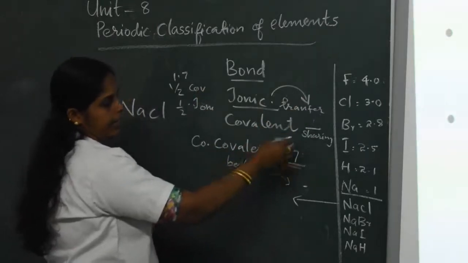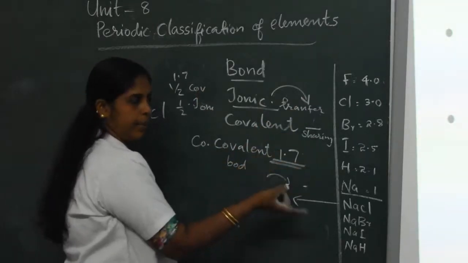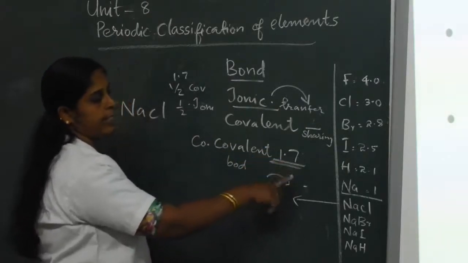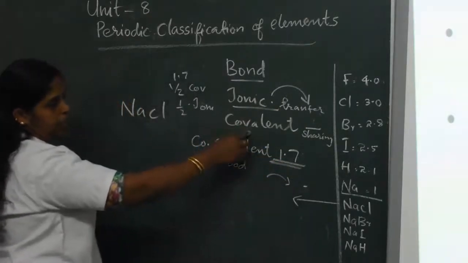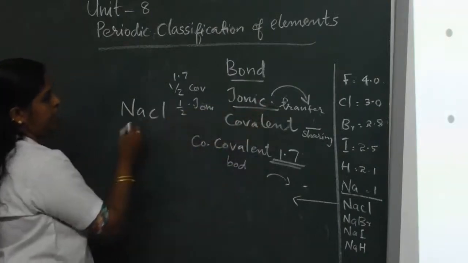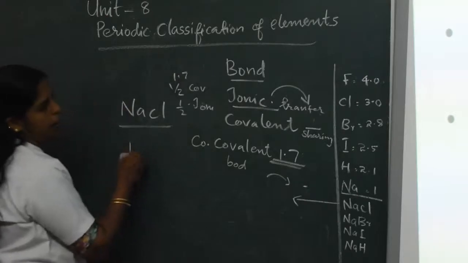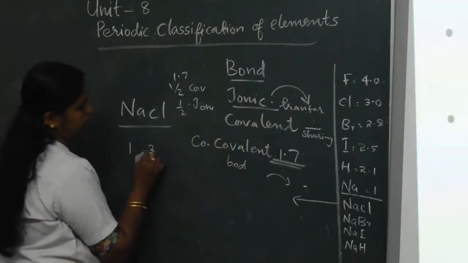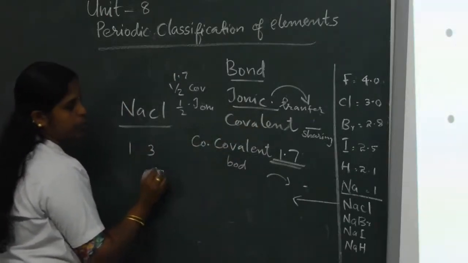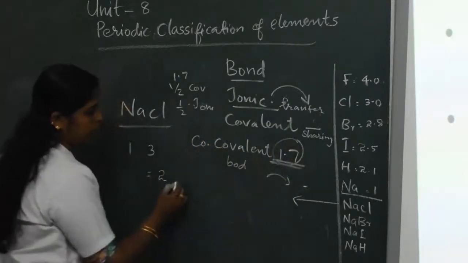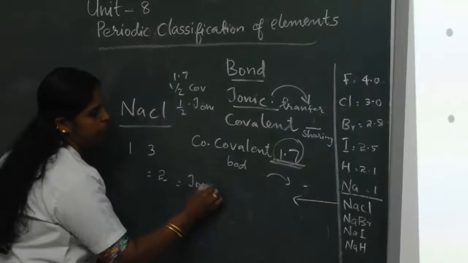If greater than 1.7, it is ionic in nature. If less than 1.7, it is covalent in nature. In the case of sodium chloride, sodium electronegativity is 1, chlorine 3. The difference is 2, so it is more than 1.7, so it is an ionic compound.